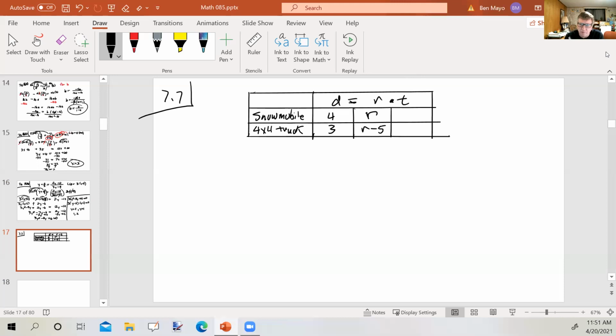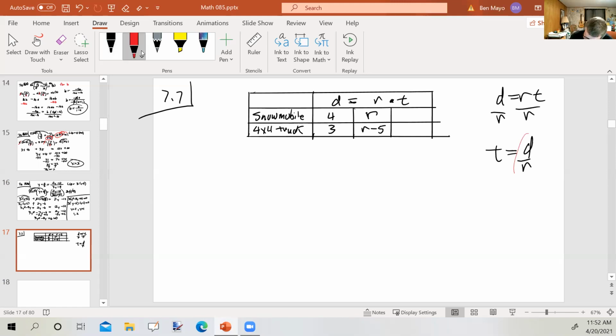What we're going to do is fill in the missing boxes, the time, but we're going to write them in terms of what we already know. This is just to get us ready for some problems we're going to be doing shortly. So if D equals R times T, to solve for T, we would divide both sides by R, right? So time equals distance divided by rate. Do you see that?